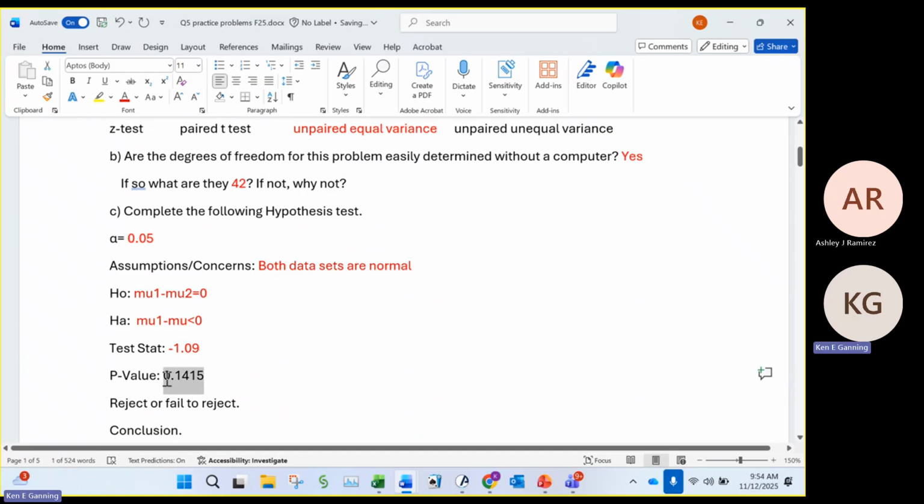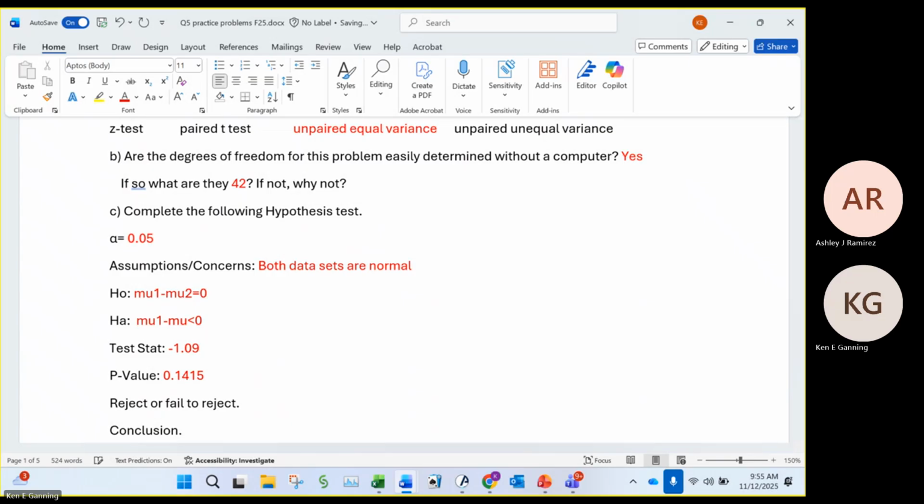Reject or fail to reject? Fail to reject because P is greater than alpha.